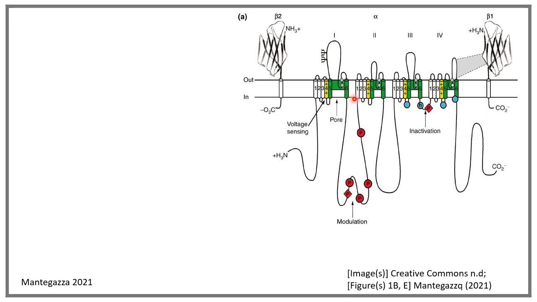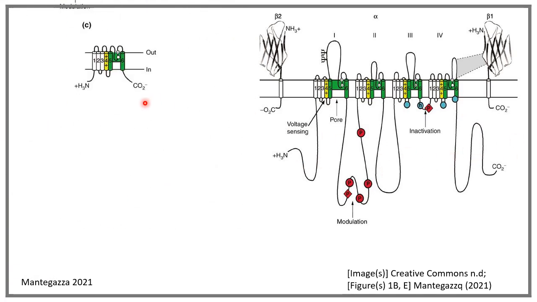In between domains, there are extensive loops in the cytosol, and one is less extensive with respect to amino acid sequence, but is quite important because it forms the inactivation gate between domain 3 and domain 4. There's also a voltage sensing segment, and that's the 4th segment in each of the 4 domains.